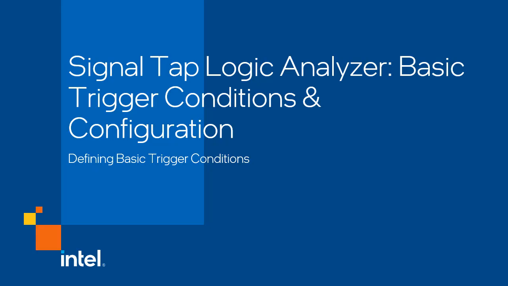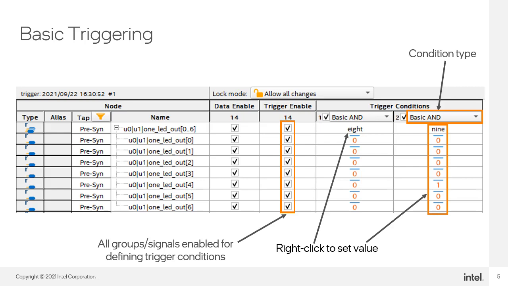The whole idea behind the logic analyzer is to be able to capture signal states around when defined hardware events occur, referred to as triggers. Once nodes have been added to the node list, you have many different options for creating trigger conditions. On the right side of the node list are one or more trigger condition columns.